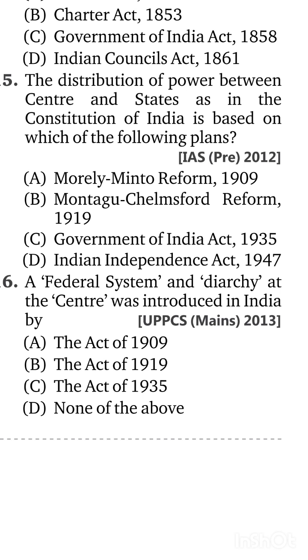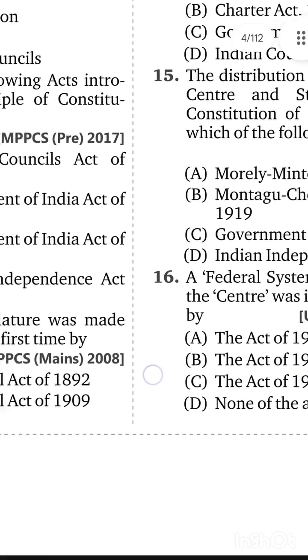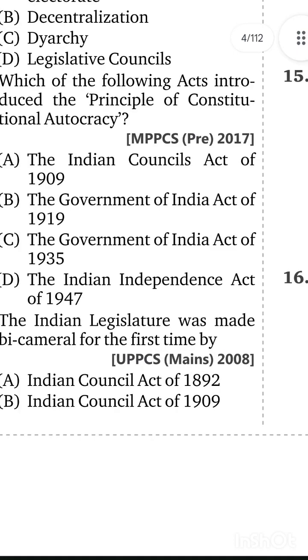The Act of 1935. Okay. Again Government of India Act 1935: federal system, diarchy system, next distribution of power between center and state, next the principle of constitutional autocracy.